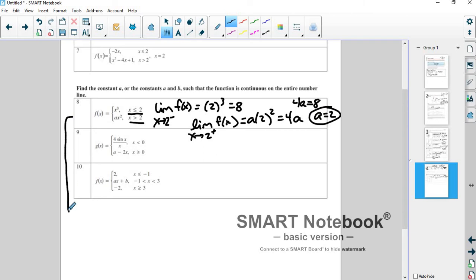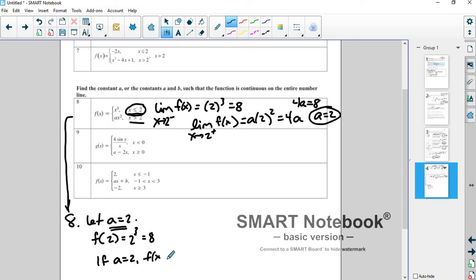Okay, so if I come down here for number 8, I say let a equal 2. Then f of 2 I have to check also, not because of this. This a has nothing to do with the 2 that I'm plugging in. I'm plugging in this 2 where the limit is in question. I get 2 cubed, which is 8. And so if a equals 2, f of x is continuous at x equal 2.